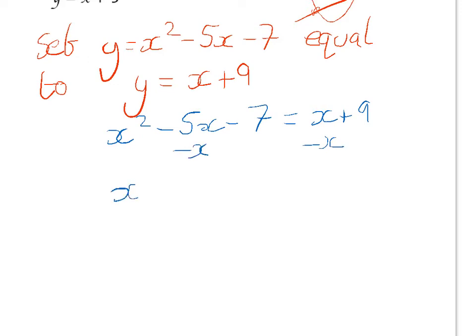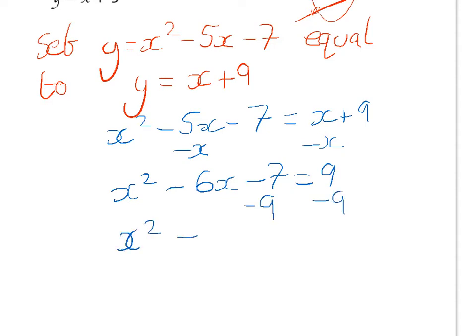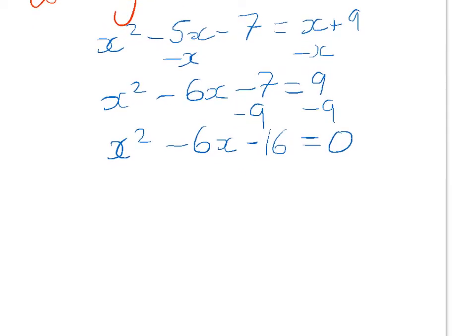So I've got x squared minus 6x minus 7 equals 9. Finally, I need to subtract 9 from both sides. So I've got x squared minus 6x minus 16 equals 0.